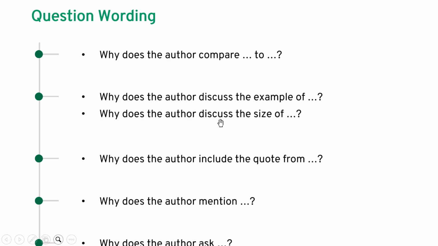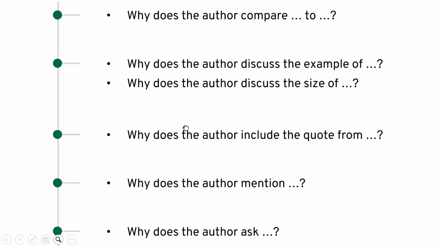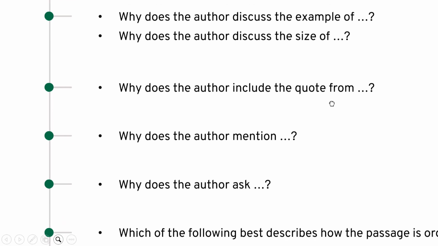Or why does the author discuss the size of, and then there could be the idea. Why does it discuss the size of A, B, C, and so on? Again, it asks the reason. It starts with a question word why. Or it might ask, why does the author include the quote from, so there would be the idea, the quotation.